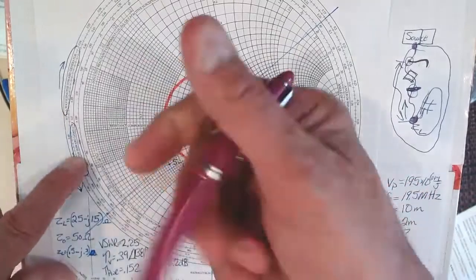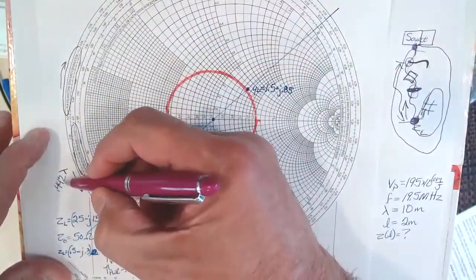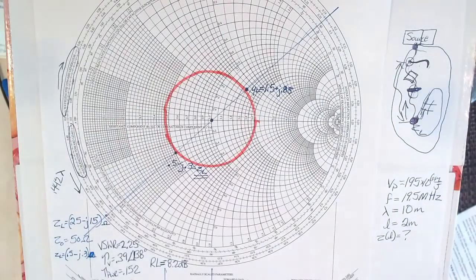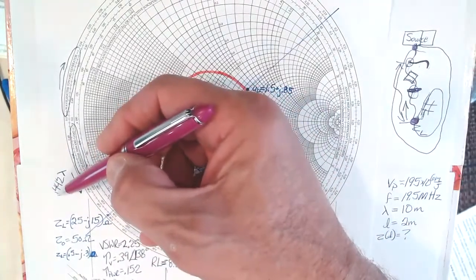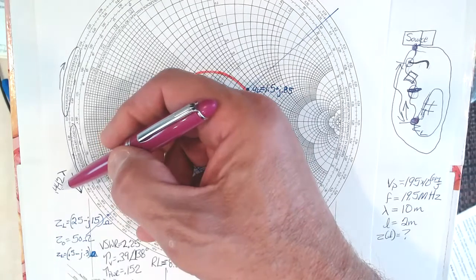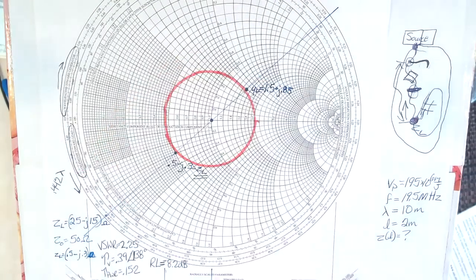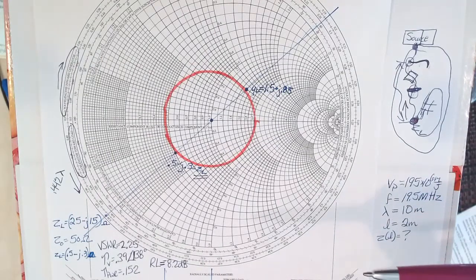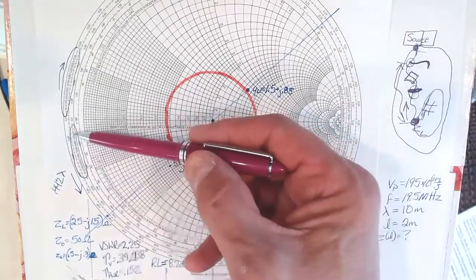So if I'm going from 0.442 and I have to put in 2/10 of a wavelength, well, then this is really going to be 0.642, isn't it? Well, there is no 0.642 because it only goes up to 0.5.